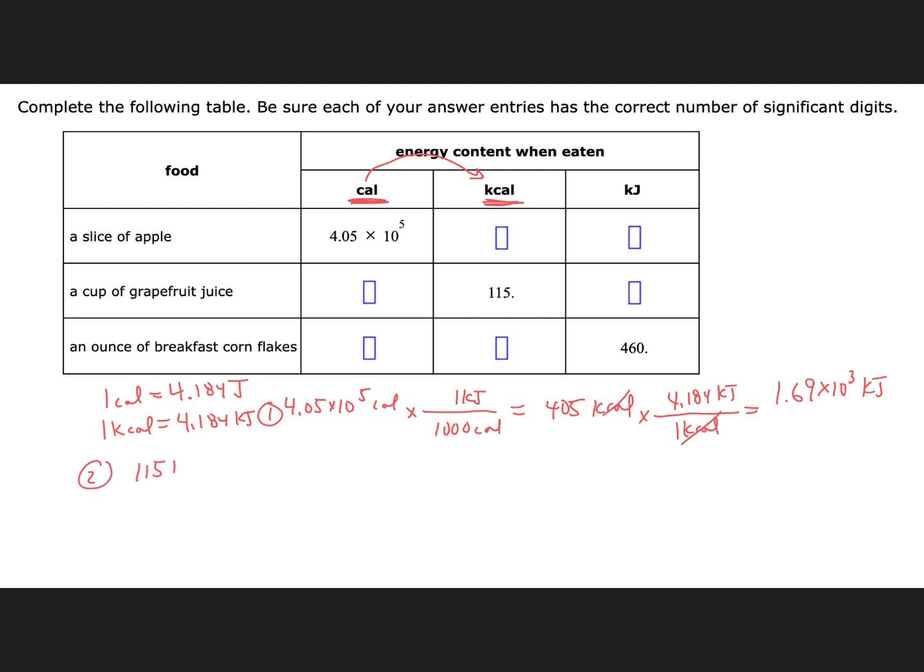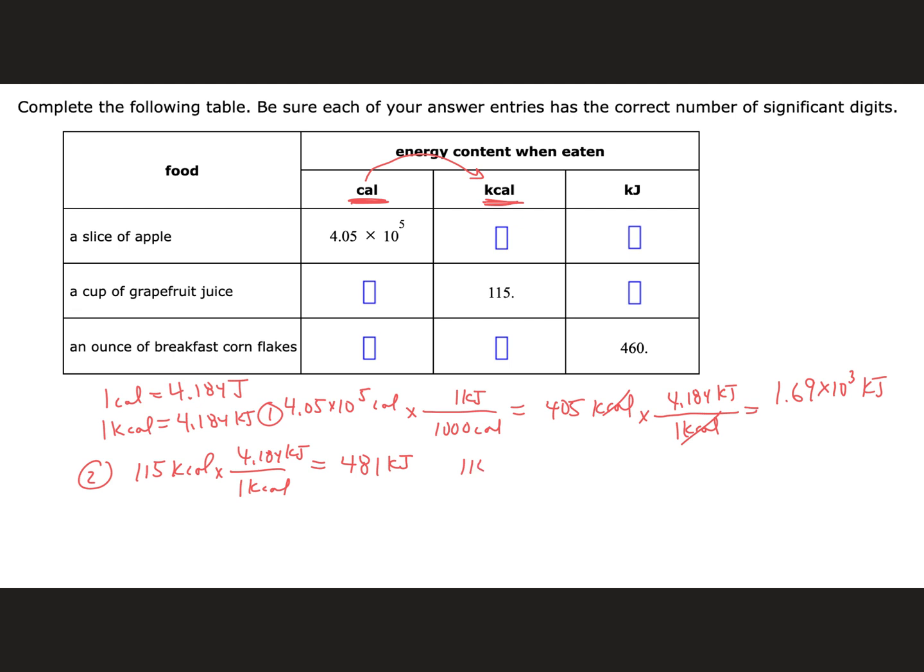Got 115 kcals. So 115 kcals, we know in 1 kcal there's 4.184 kilojoules. So that corresponds to 481 kilojoules, 3 sig figs, so we're fine as is.